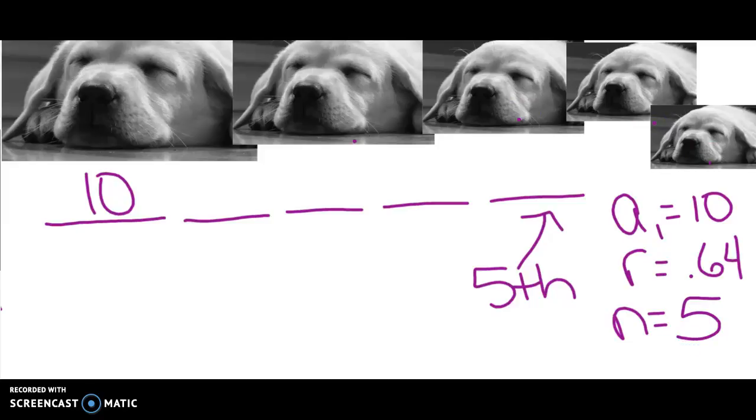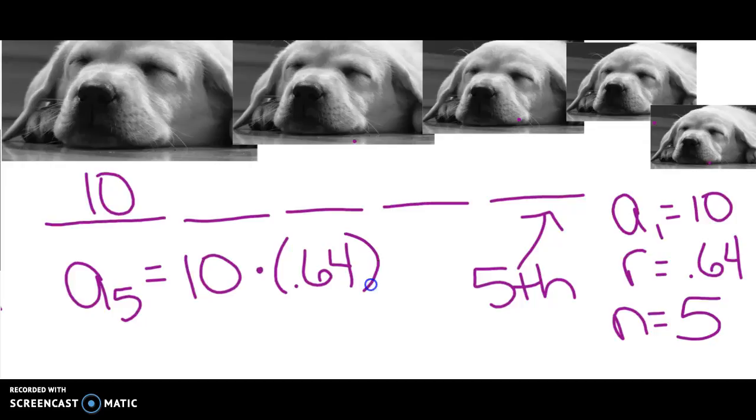Now, you could multiply each number by 0.64, but let's go ahead and put this in. We've got a sub 5 is equal to a sub 1, which is 10, times 0.64 raised to the n minus 1, which is 5 minus 1. Plug that in your calculator and let's see what we get.